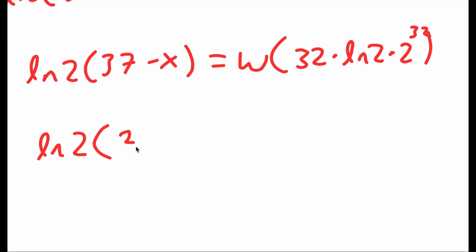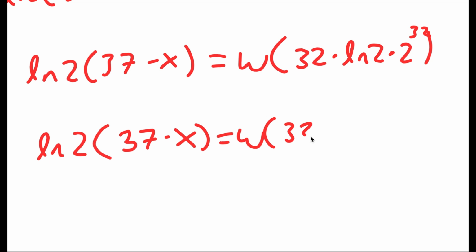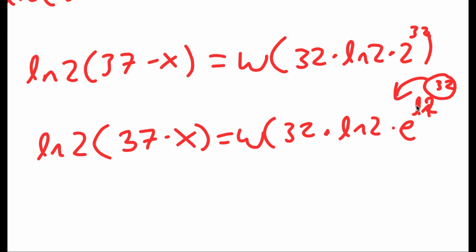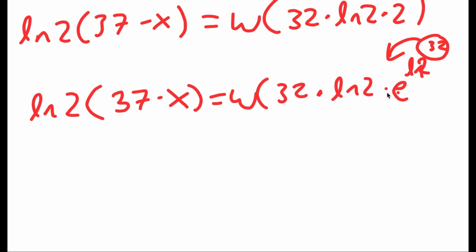So now I have ln 2 times 37 minus x is equal to W of 32 times ln 2 times e to the power of ln 2 to the power of 32, which is the same thing as 32 times ln 2, because I can move this 32 down.